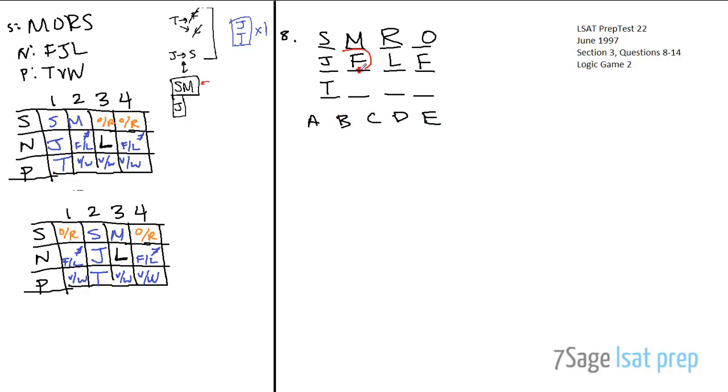So immediately we know that any answer choice that does not contain F is going to be wrong. So C, D, and E are immediately wrong. It's going to be either Fine and Taylor or Fine and Wong, answer choices A and B.